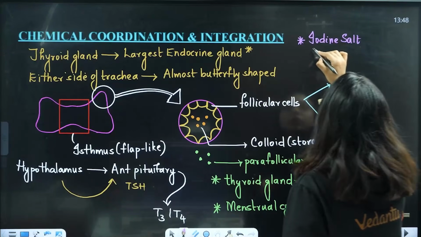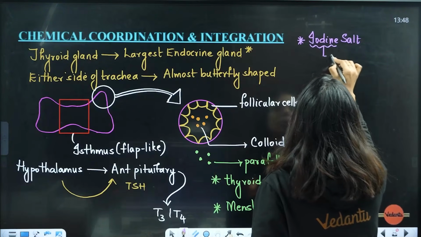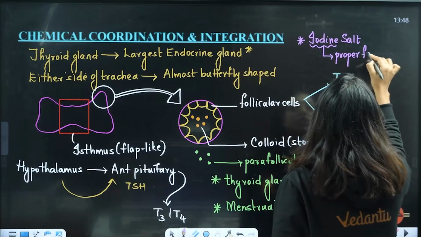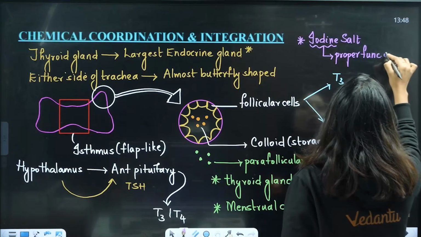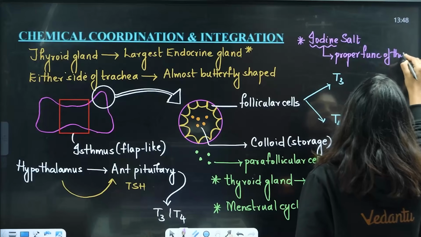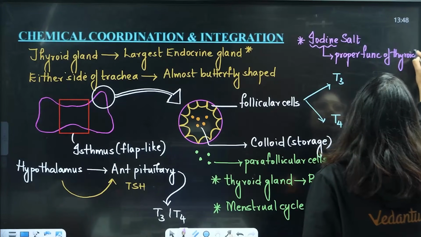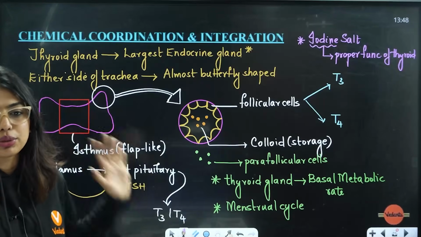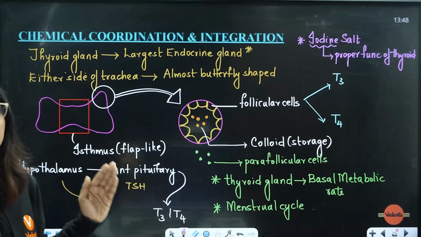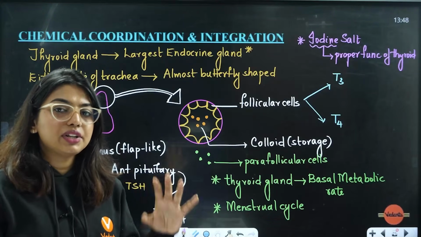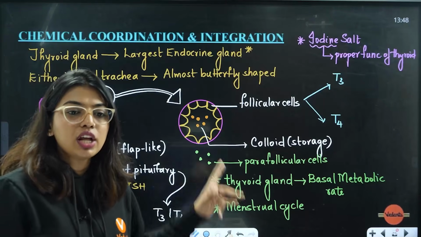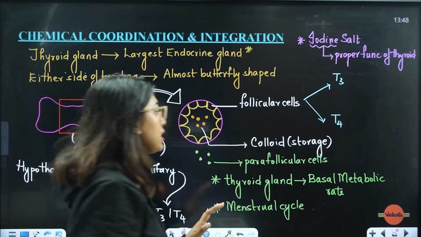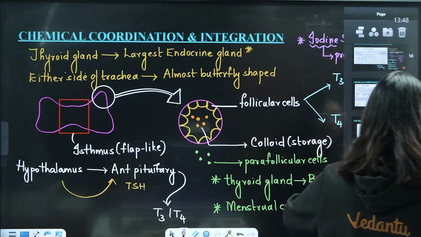Because this iodine is necessary for the proper functioning of the thyroid. That is why we have salt in every meal, because iodine is necessary for our thyroid to function properly. That is why we have iodized salt, which means iodine-containing salt. So that is important because the thyroid should function properly. I have kept it very simple, nothing complicated.